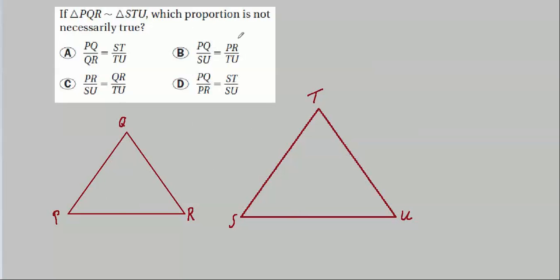We could swap the means here, we got PQ over PR, but now we're just back inside the same triangle. And remember, similarity doesn't say anything about the ratios of one side to the other side of the same triangle. It has to be one side of a triangle to another side of a similar triangle. So B is the one that we couldn't necessarily be sure of.